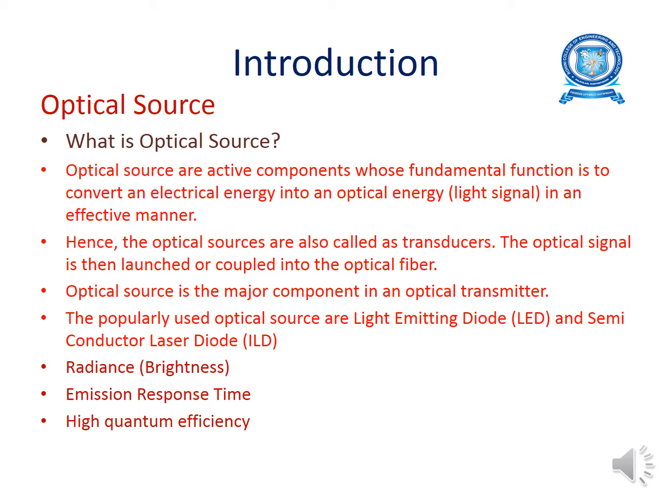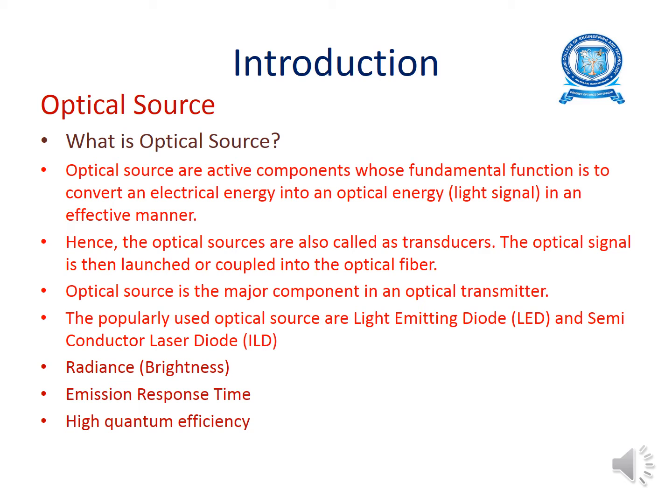Radiance, otherwise referred to as brightness, is a measure of optical power radiated into a unit solid angle per unit area of an emitting surface. High radiance is required to couple sufficiently high optical power levels into a fiber.